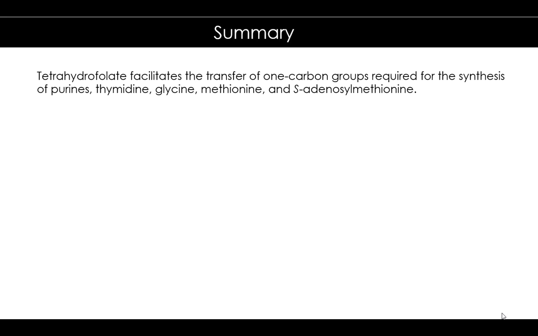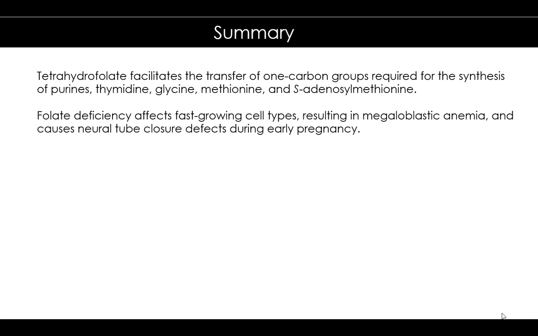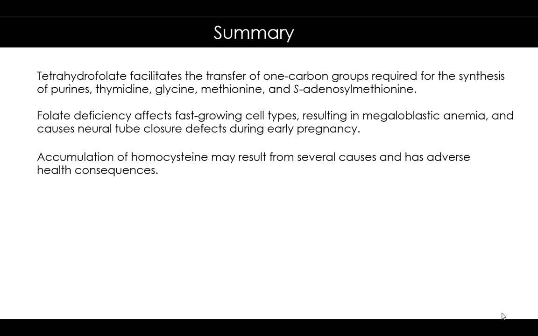In summary, tetrahydrofolate facilitates the transfer of 1-carbon groups required for the synthesis of purines, thymidine, glycine, methionine, and S-adenosyl methionine. Folate deficiency affects fast-growing cell types, resulting in megaloblastic anemia, and may cause neural tube defects during early pregnancy.